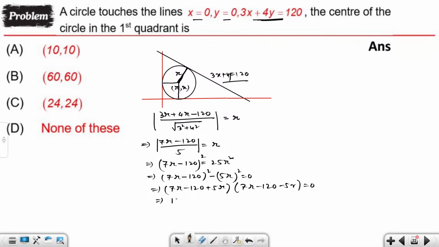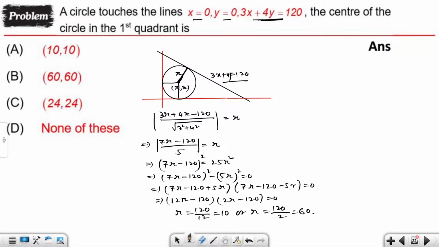So from here we are getting 12r minus 120 into 2r minus 120 is 0. So either your r is 10, or your r is 120 over 2, that gives us 60. Is it clear?